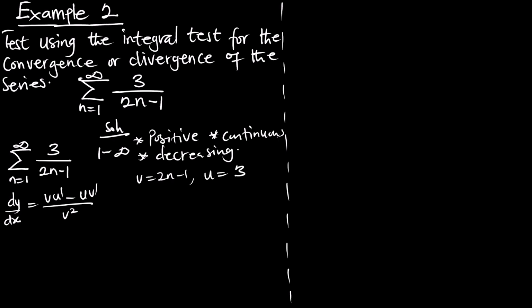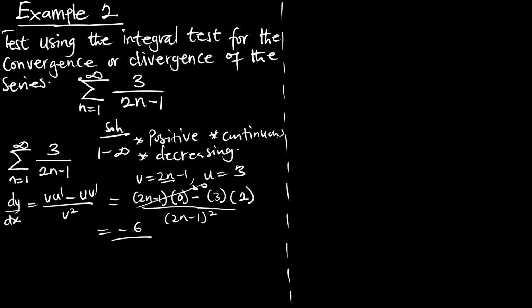So putting in the values, we get 2n minus 1, which is v, times the derivative of u, which is 0, minus u, which is 3, times the derivative of v. When you differentiate this, you are going to get what? 2, right? Okay. Everything on 2n minus 1 all square. So this will go to 0. So we are going to get negative 6 on 2n minus 1 all square.